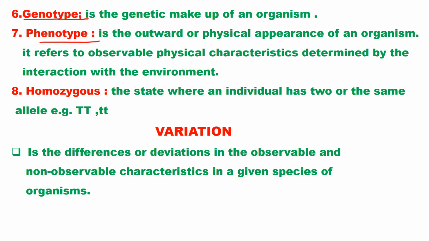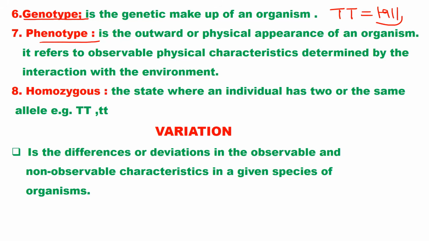So if someone has the genes of height T, this is tall. You are able to see individuals who are tall. And of course, if they have short genes, someone is short. So what you see, what is expressed when the genotype is expressed, that is what you call the phenotype.